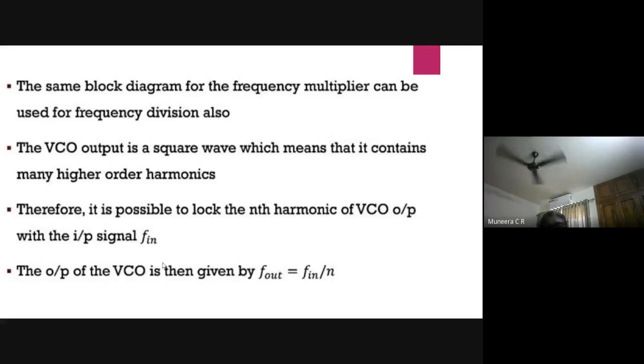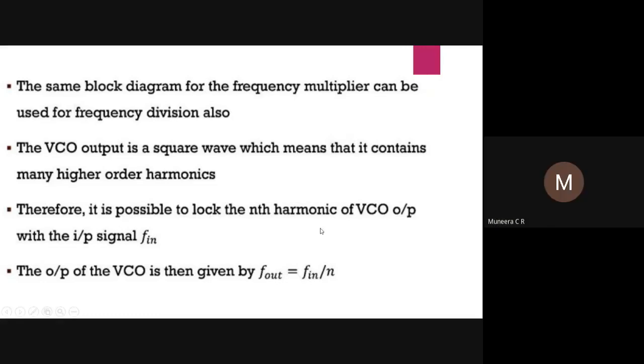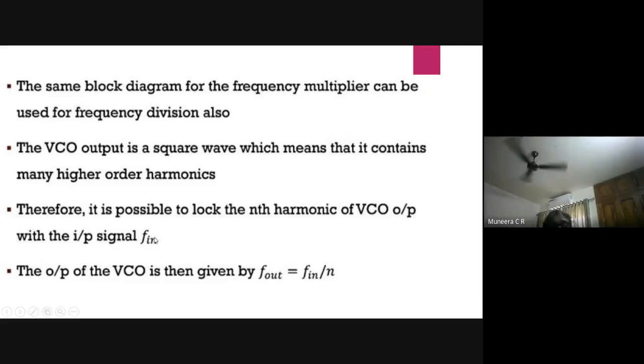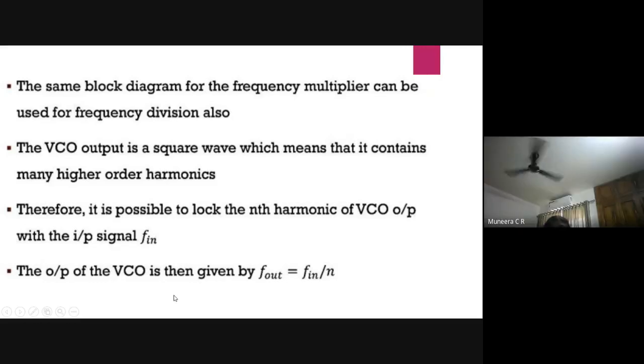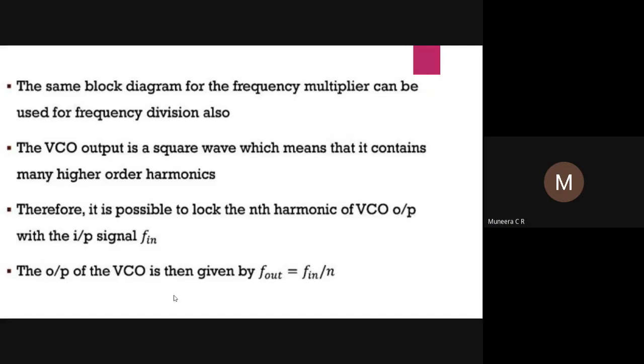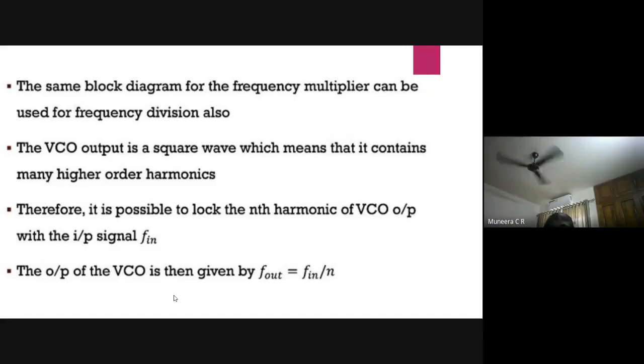The same block diagram of the frequency multiplier can be used for frequency division also. The VCO output is a square wave, which means that it contains many higher order harmonics. Therefore, it is possible to lock the nth harmonic of the VCO output with the input signal. The output is then given by F out is equal to F in by n.